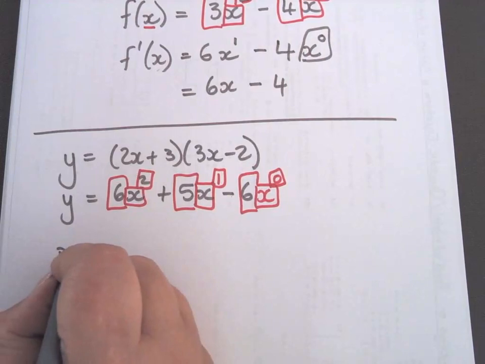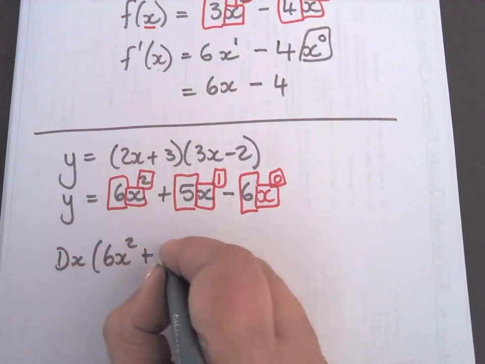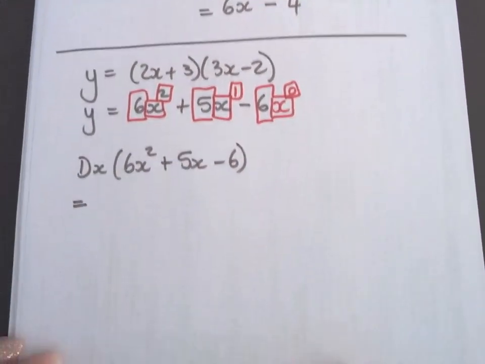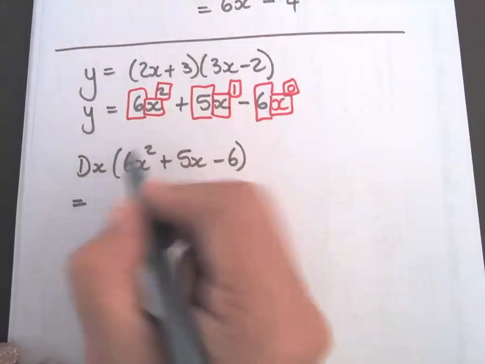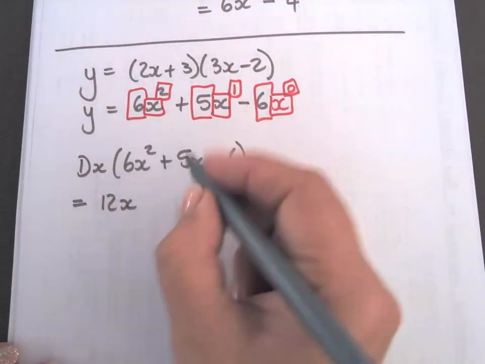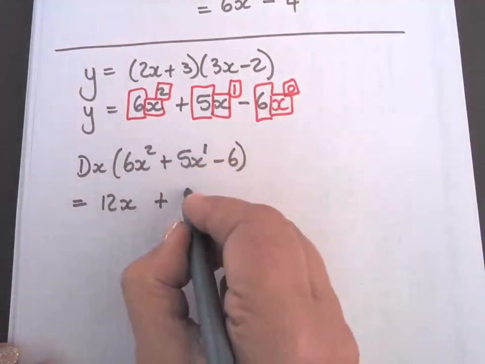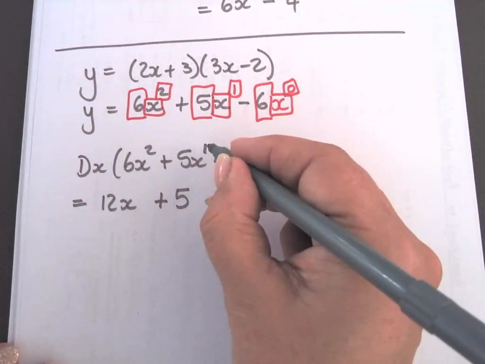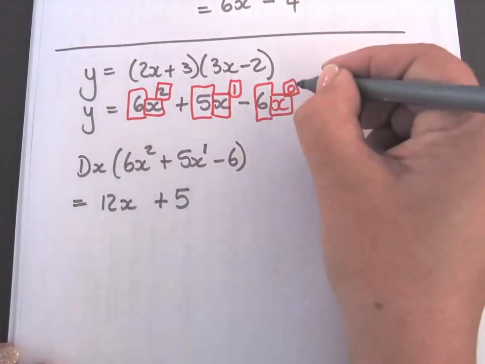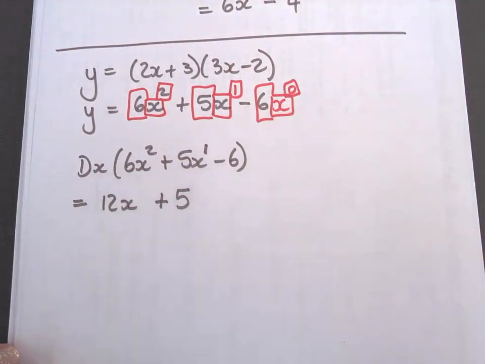So, d/dx of 6x squared plus 5x minus 6 will be equal to 2 times 6 is 12x, 2 minus 1 is 1, plus 1 times 5 is 5, x to the power of 0 is 1. This 6 has an exponent of 0. 0 times 6 is 0 plus nothing.